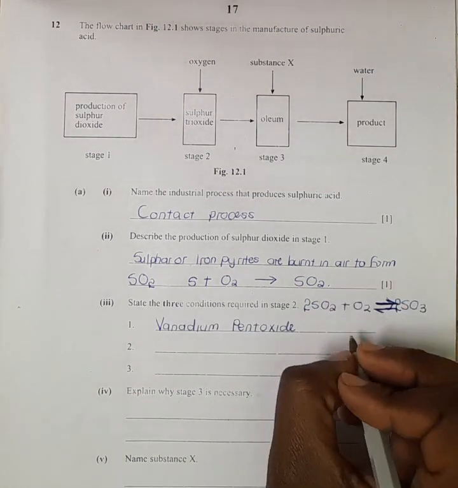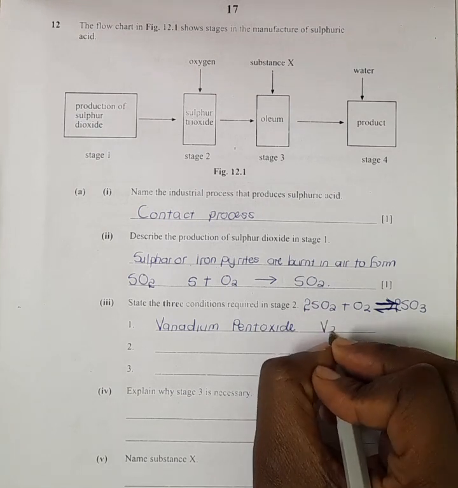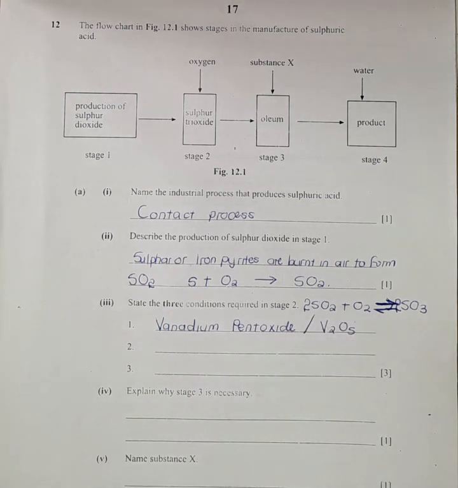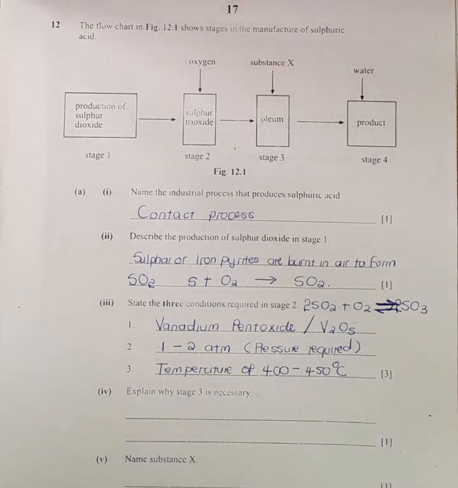Its chemical formula is V2O5. The pressure that is required is 1 to 2 atm, and a temperature between 400 to 450 degrees Celsius is required. Part 4, explain why stage 3 is necessary.